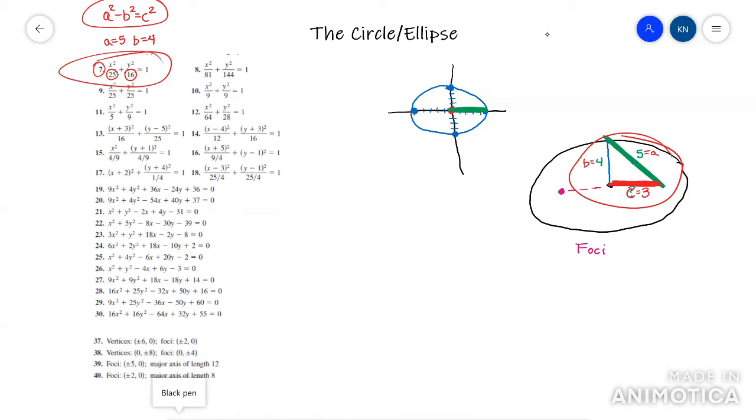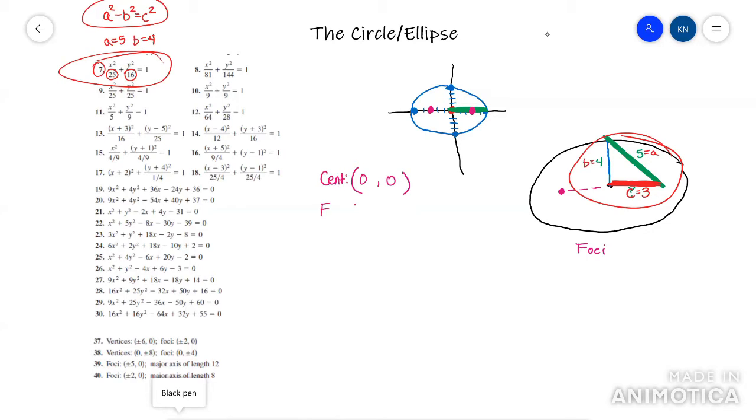Because they're going to want the coordinates of the foci. So if my foci are here and here, you write them as coordinates. And the way you do it is you start at your center, which was 0, 0. This is center.